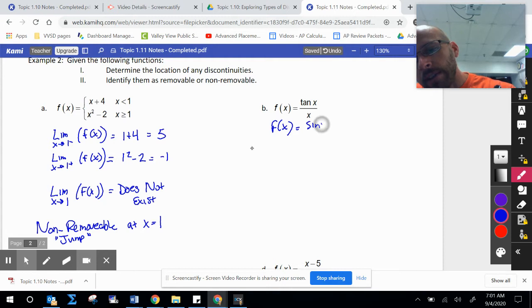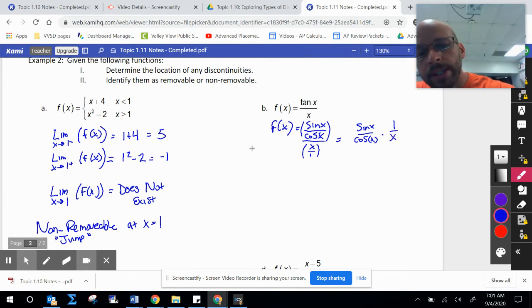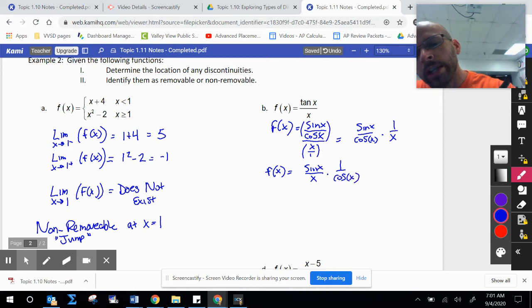So I'm going to say sine of x over cosine of x all over x, and I'm actually going to do a fraction over a fraction because if I multiply by the reciprocal, and I repiece this to be the sine of x over x times 1 over cosine of x. So I'm just reordering it. Multiplication is commutative. Okay, so I can reorder those pieces.